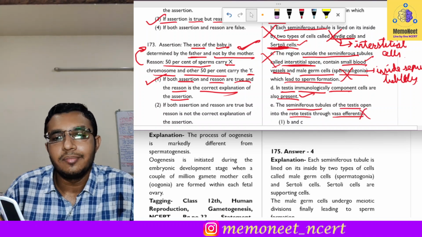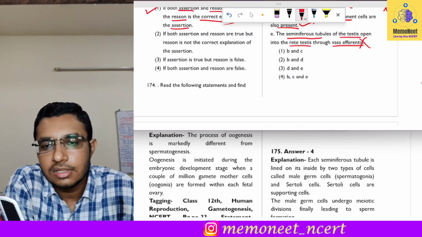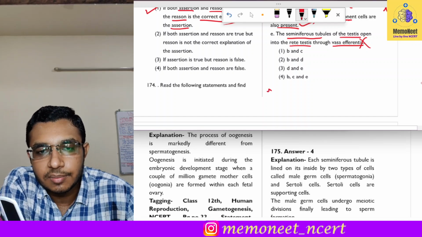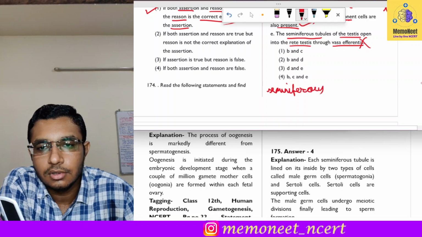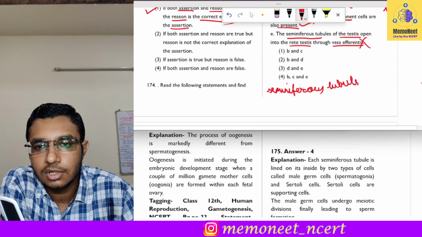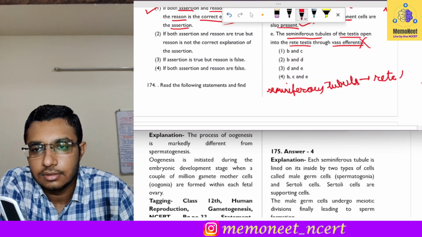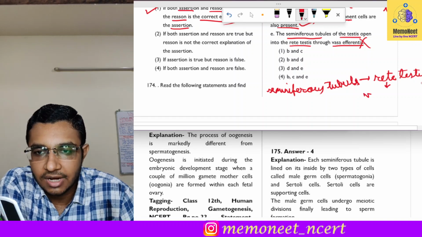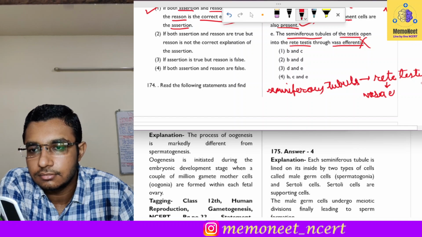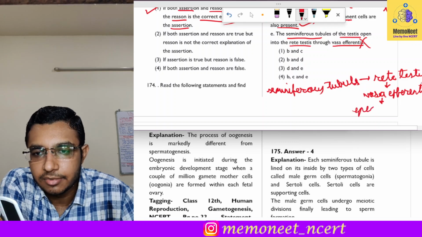Why? Because here you need to understand the structure of the sperm pathway. See, the sperms are produced in the seminiferous tubules. From this they enter the rete testis. From the rete testis they enter the vasa efferentia, and then they enter the epididymis.